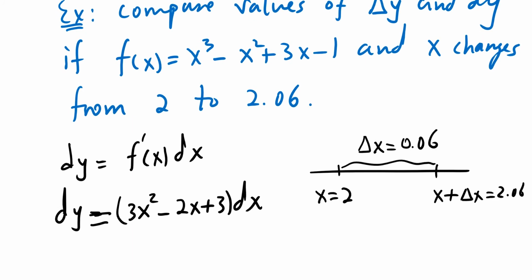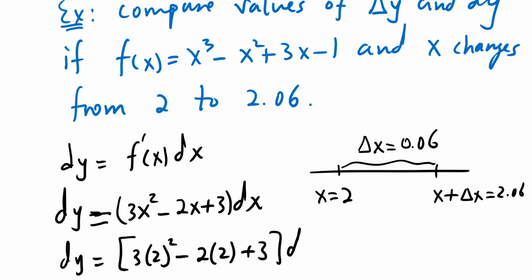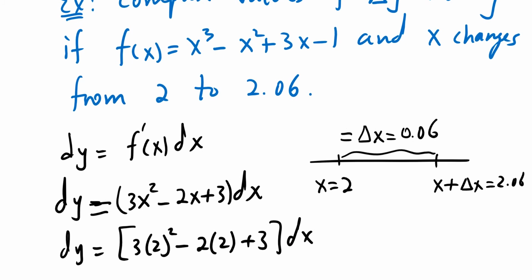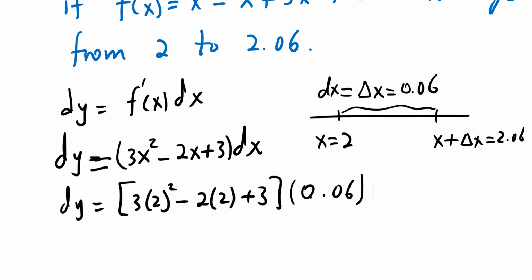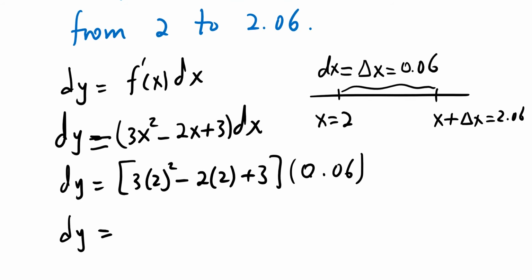Now, we know x is 2, so we substitute that in: 3 times 2 squared minus 2 times 2 plus 3, times dx. Remember, we said dx is the same as delta x, so you can substitute 0.06. That gives us dy. If we calculate everything, that's 4 times 3, 12, minus 4, 8, plus 3, 11, times 0.06, that's 0.66.